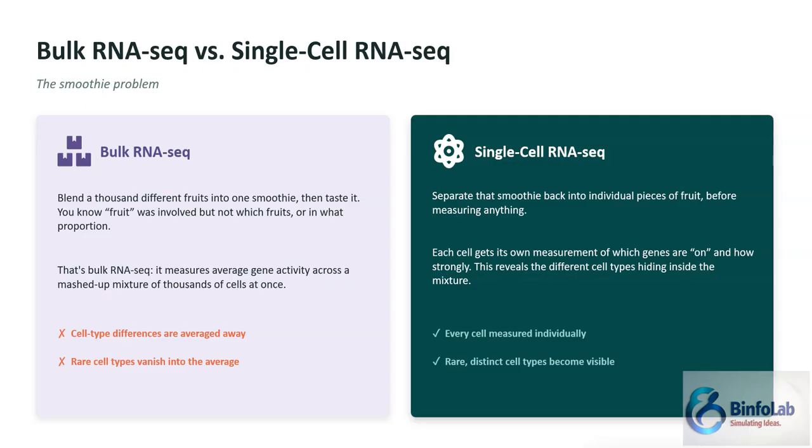It has its own multiple significance, but if we talk about capturing individual cells or their expression, then single cell RNA sequencing technology is far better than bulk RNA sequencing technology.